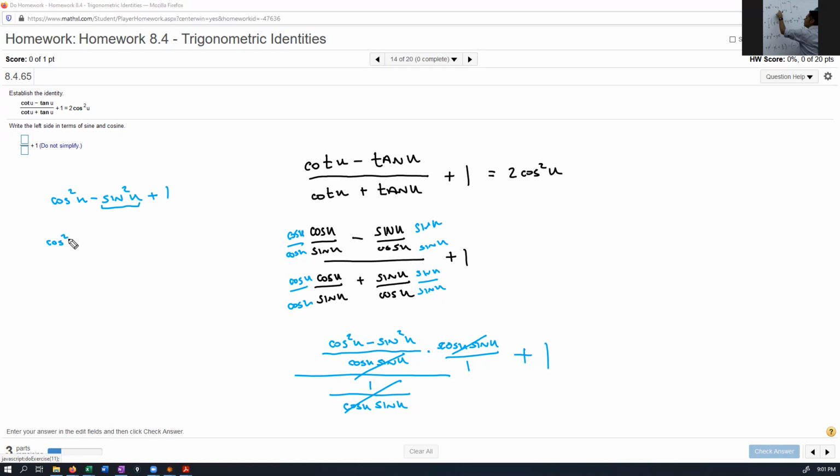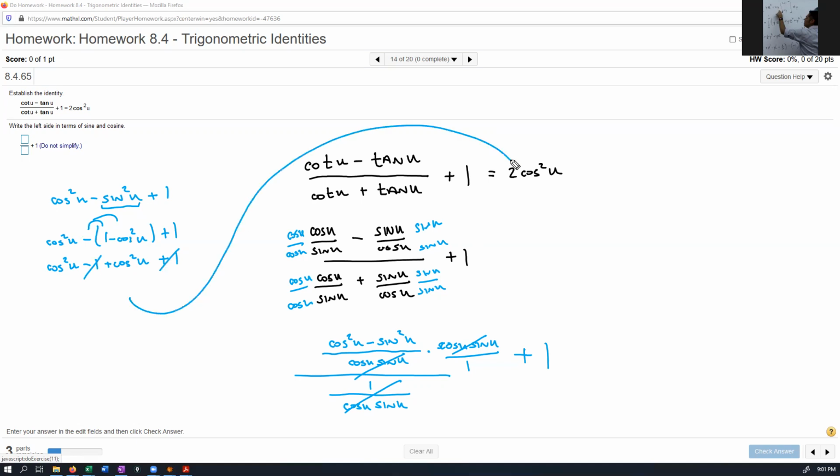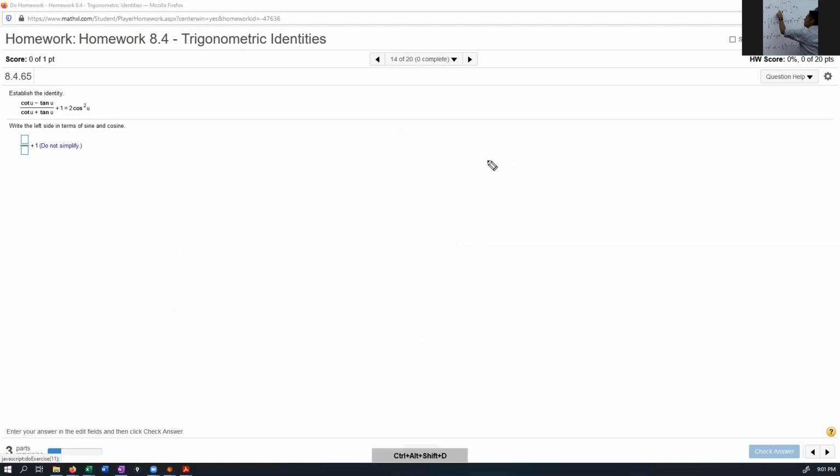I have cosine squared u minus, now that becomes 1 minus cosine squared u plus 1. And when I distribute the negative sign through here, I get minus 1 plus cosine squared u. Then we still have the plus 1. The ones cancel. And I have cosine squared u plus cosine squared u, which is 2 cosine squared u. Okay.